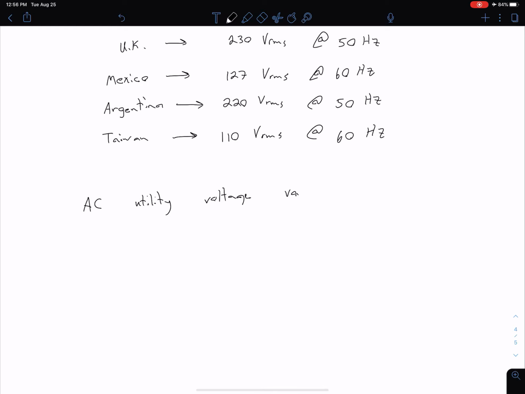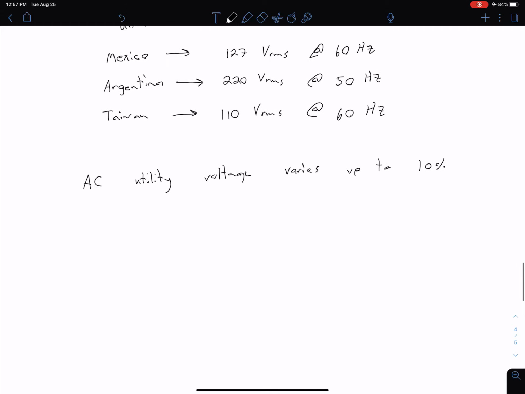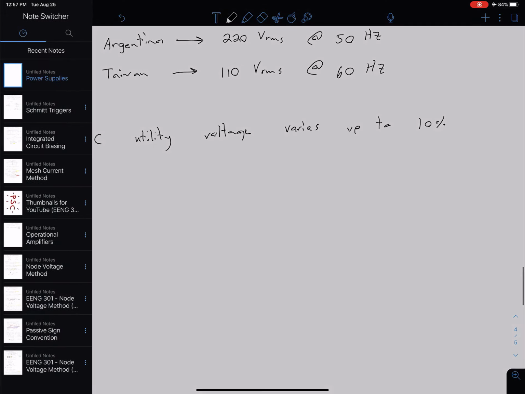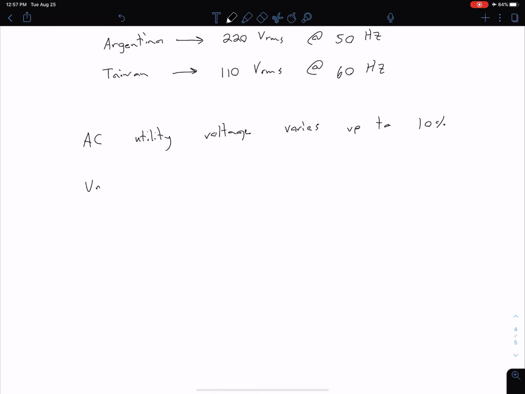You could see this if you were to take a multimeter and measure the voltage at various places at various times. Of course, it's not always going to read perfectly 120 RMS, so you're going to see some variation. If we're making a universal power supply, then we need to consider that 10% variation in our design.